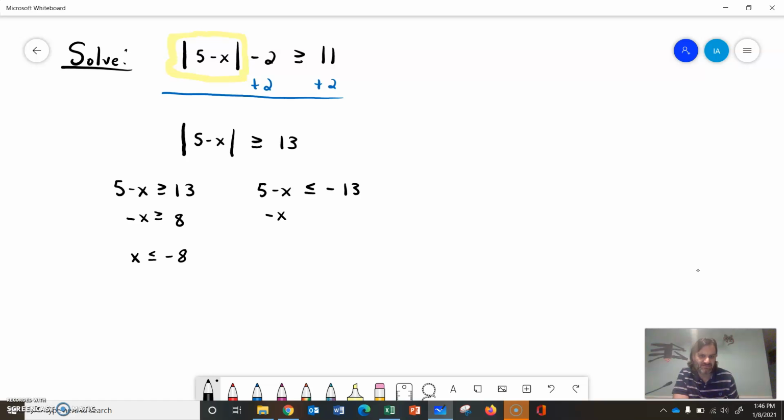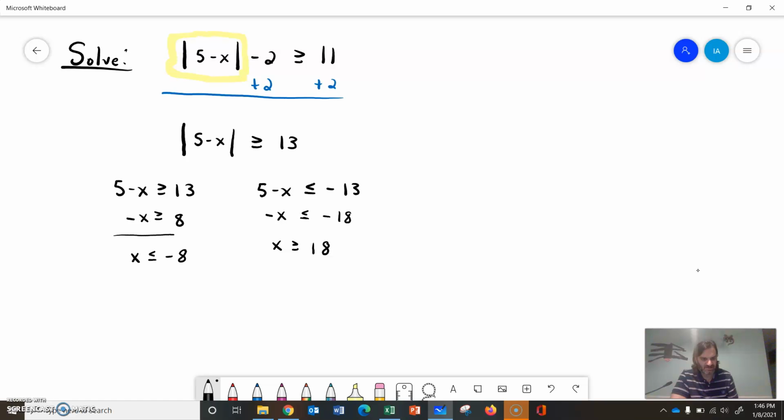We'll subtract 5 from both sides, so we'll have negative x less than or equal to negative 18. And then when we divide by the negative, we'll have x greater than or equal to, because we'll flip it, 18.